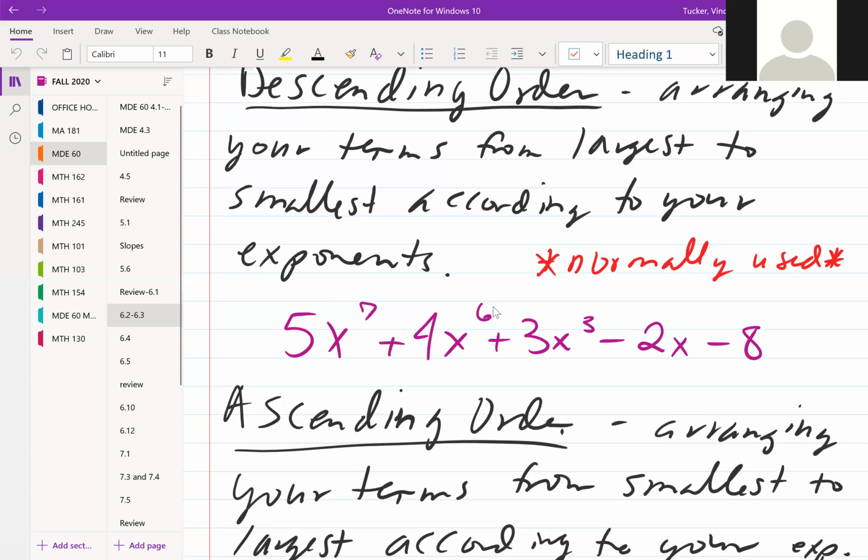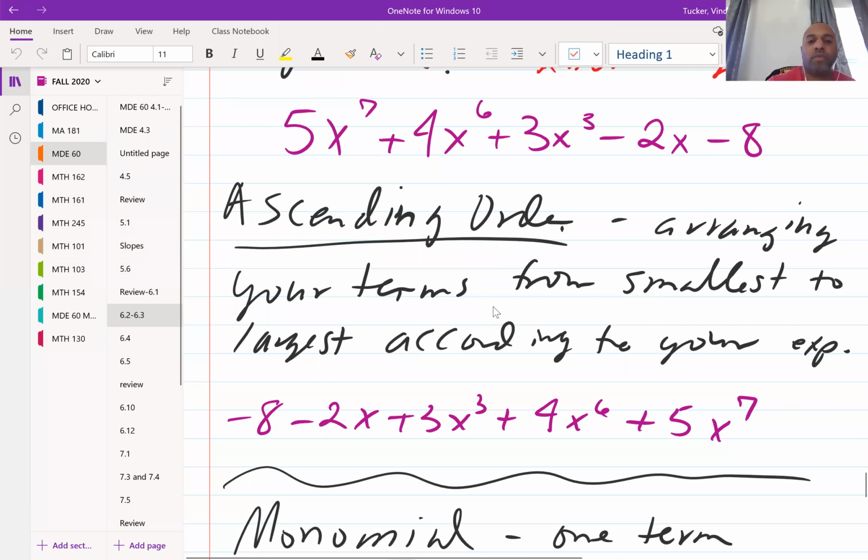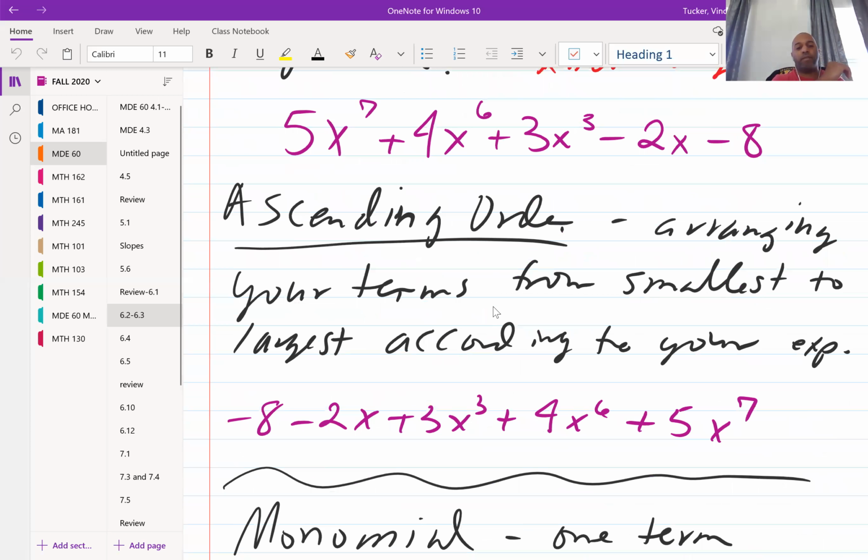Okay. So ascending order is just doing it in the opposite direction, going from smallest to largest. Like I said, normally you're asked to put it in descending order, but just in case they mention ascending order, then go from smallest to largest according to your exponents.